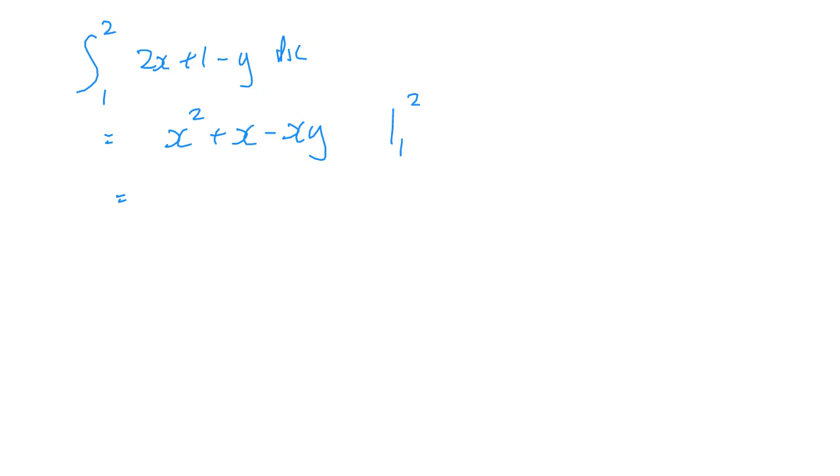And so what I get here is 4 plus 2 minus 2y minus 1 plus 1 minus y. And so I'm going to get 4 minus y. Notice my answer, of course, is a function of y, not a constant anymore.